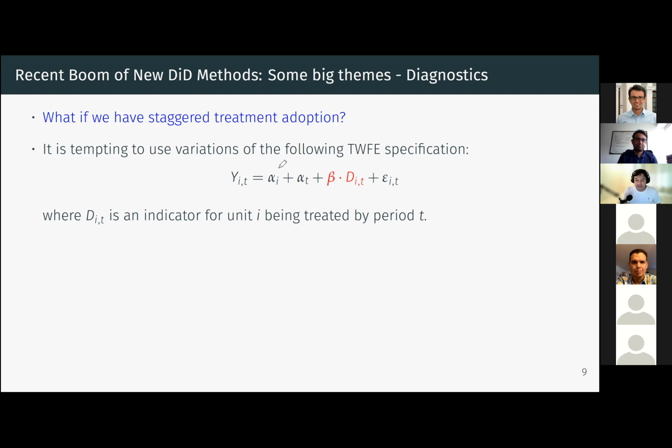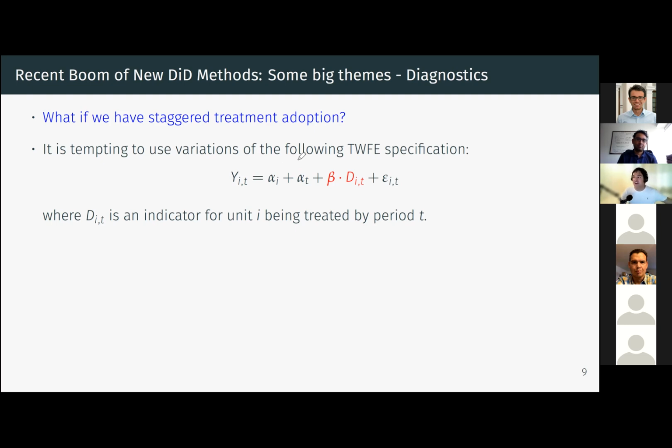Instead of a group dummy, I'm going to have unit-specific fixed effects, much richer, because I'm allowing time-invariant unobservables to affect my outcome. Instead of a post-treatment dummy, I'm going to allow for time-specific fixed effects.